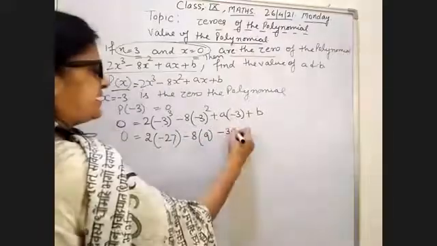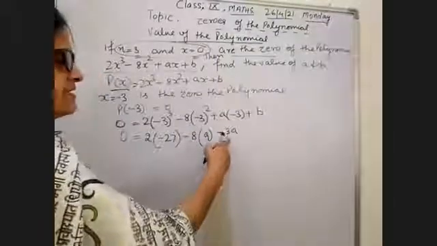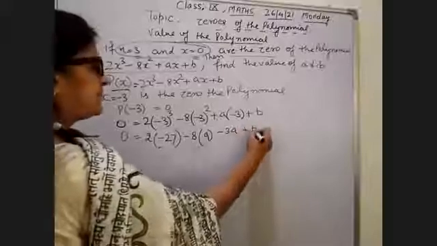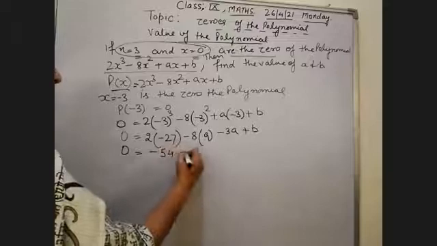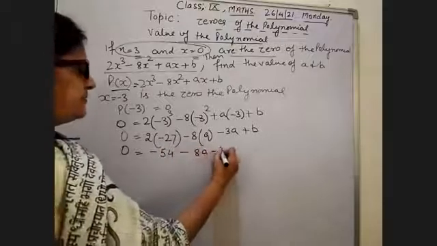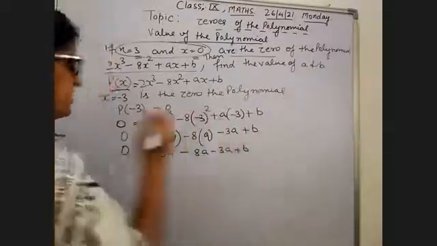So a multiplied by minus 3 is equal to minus 3a. So 0 equals minus 54 minus 8a minus 3a plus b.